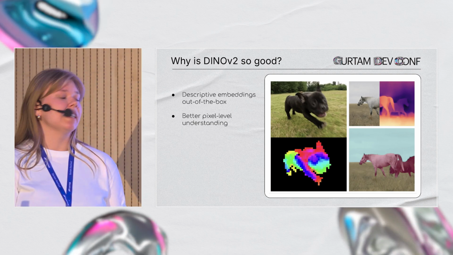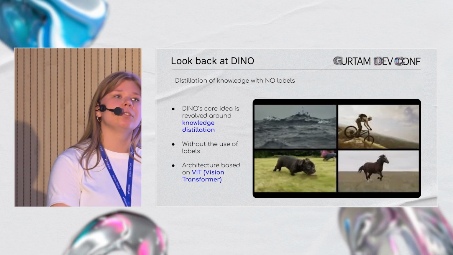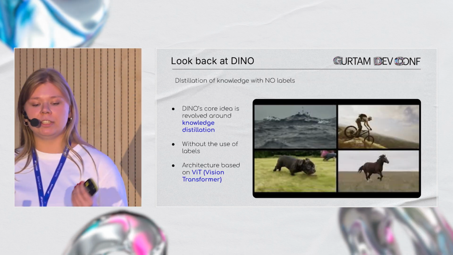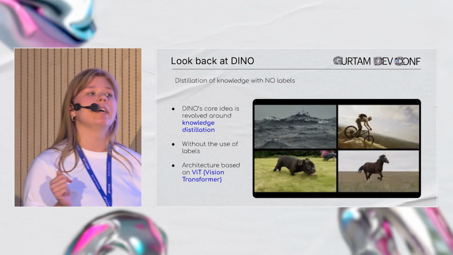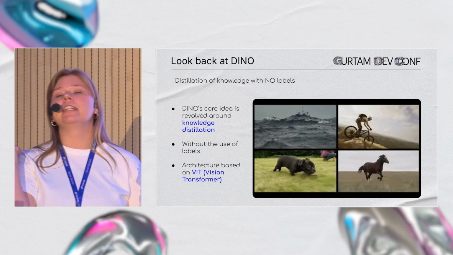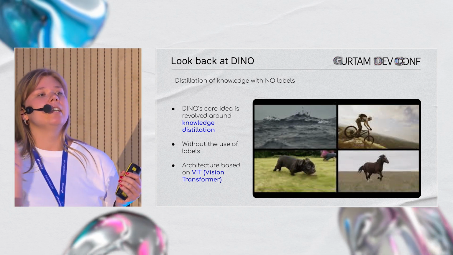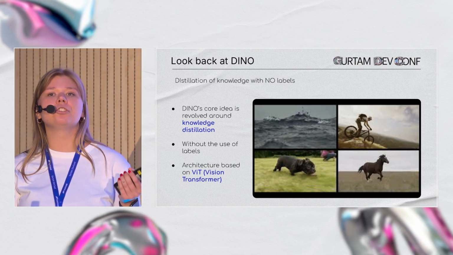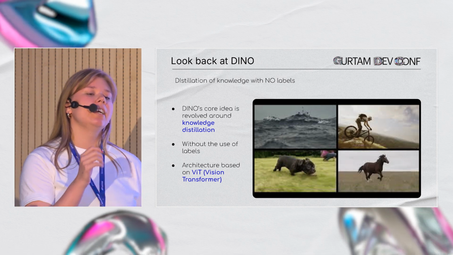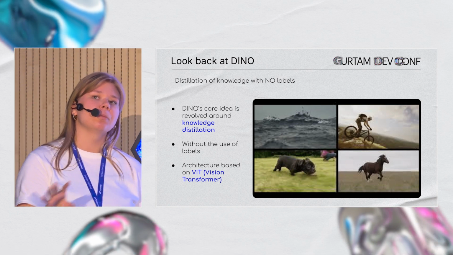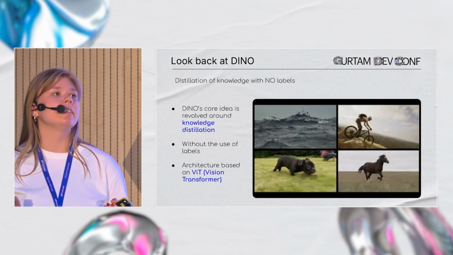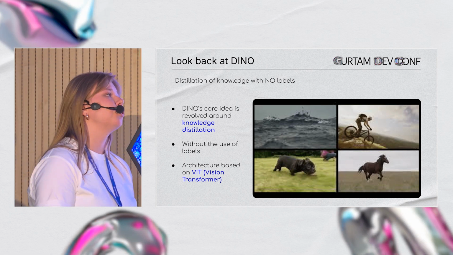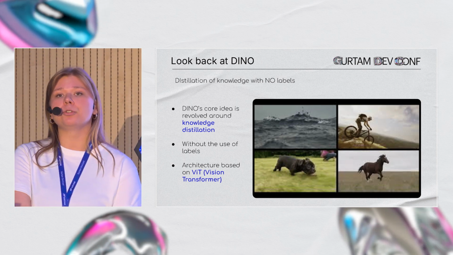So what was their method? As I already told you, it revolves around knowledge distillation, and they also got inspired by some research in the NLP field. In NLP, there were some papers where they took pretty large transformers and trained them without any labels. And the guys from Meta decided to try this approach in computer vision.